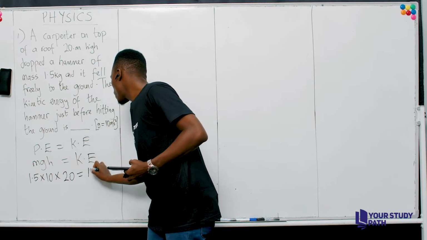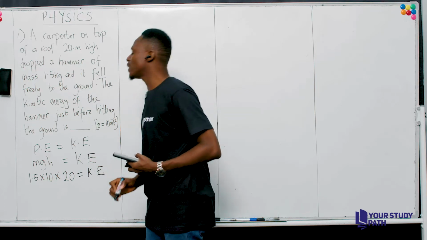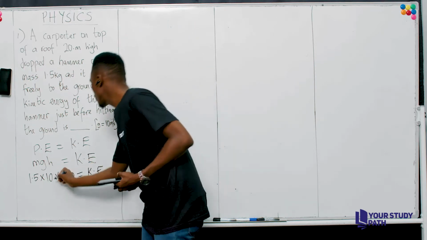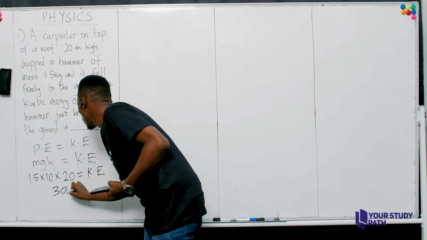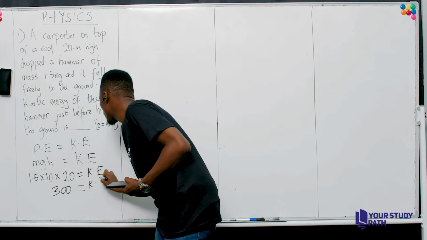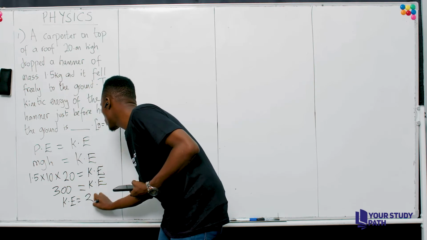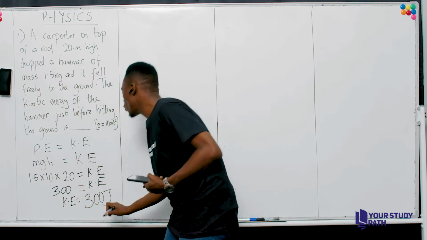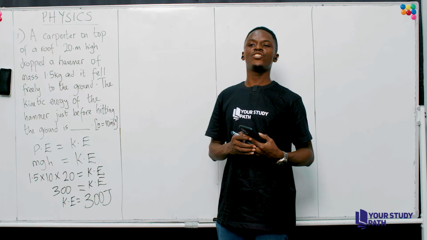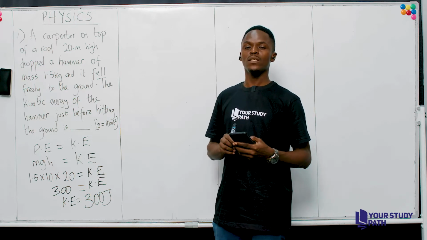When you multiply this, you have the kinetic energy. From here, this presents us 300 being equal to the kinetic energy. It means the kinetic energy is equal to 300 joules.